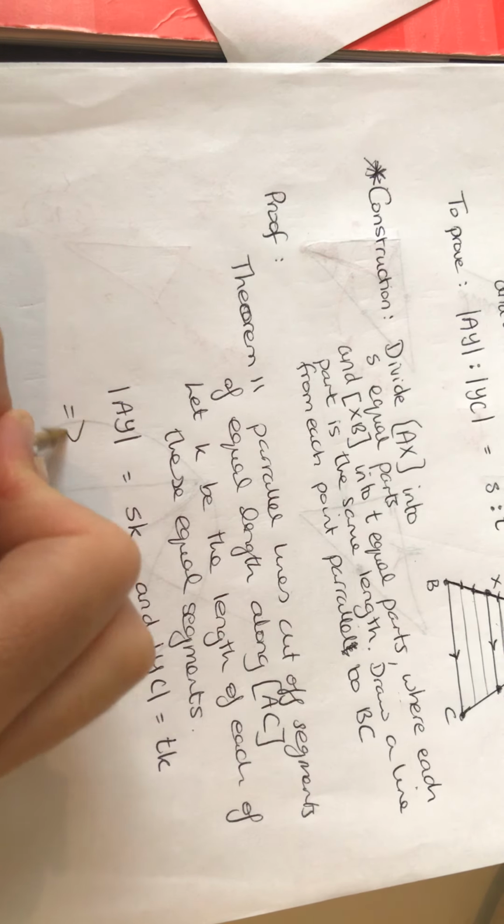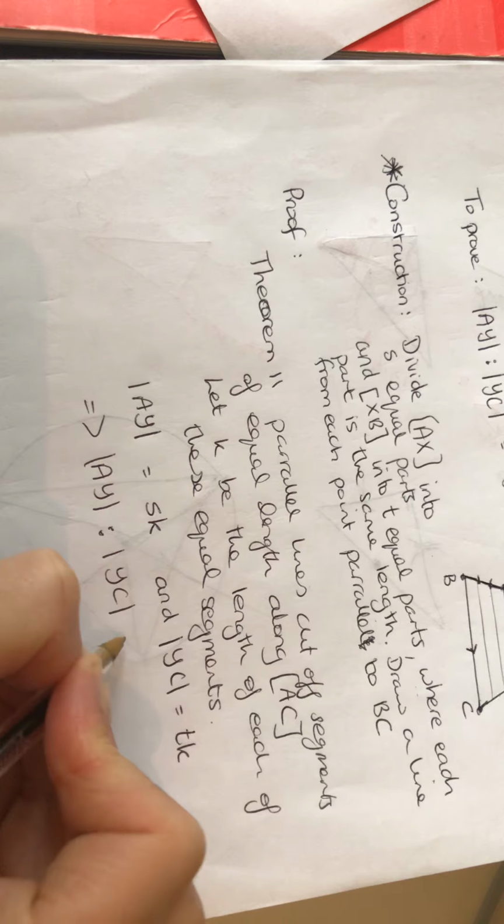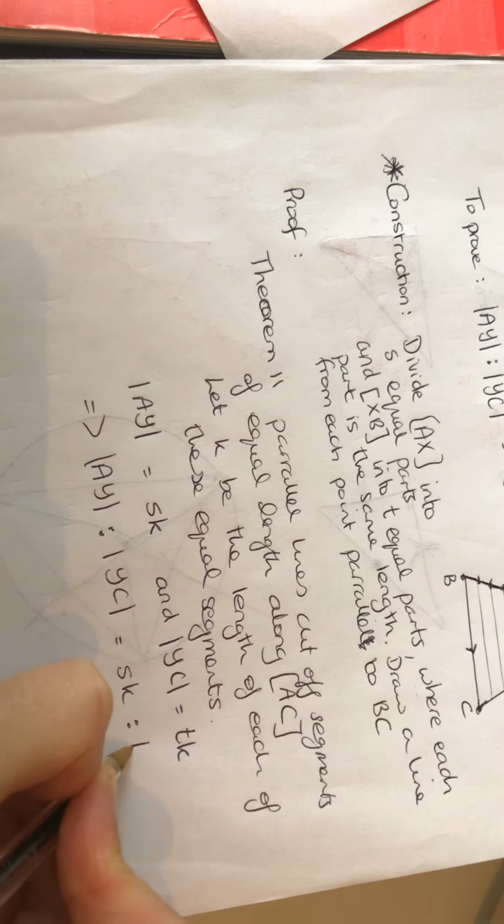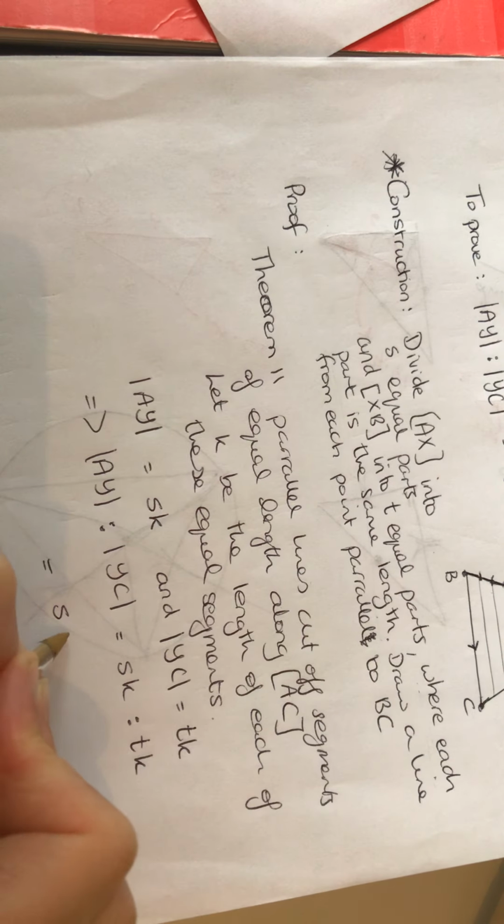So that just implies, this is really short, AY is to YC is equal to SK is to TK, which is just S is to T when you bring that down to its lowest form.